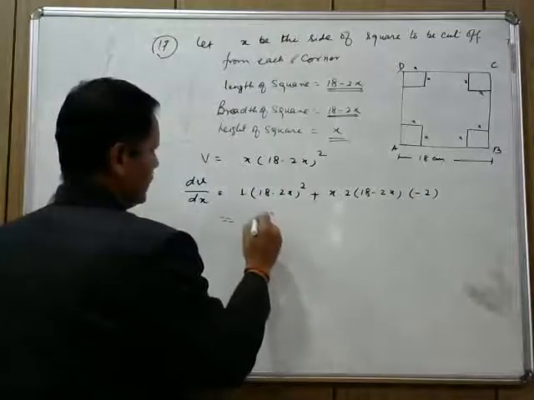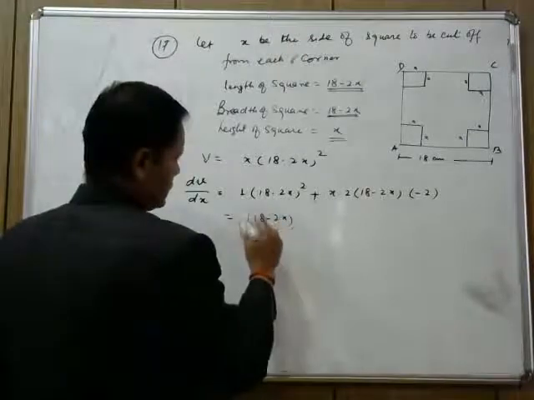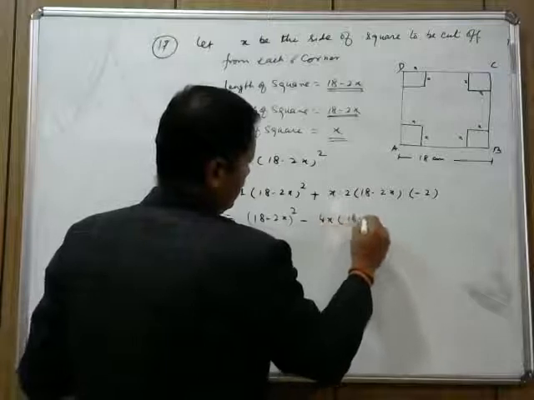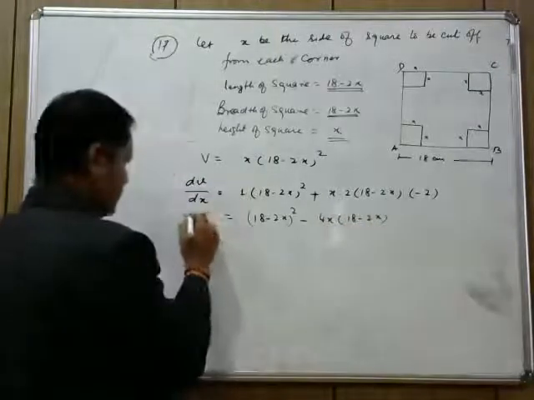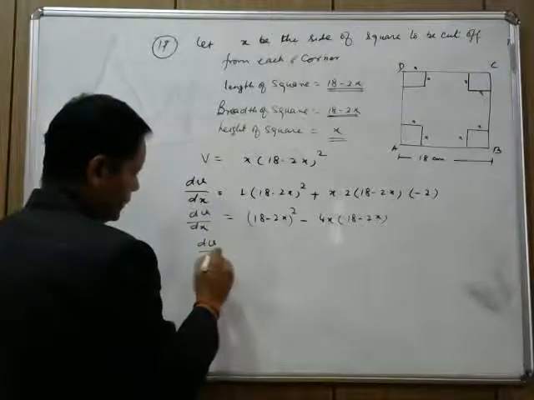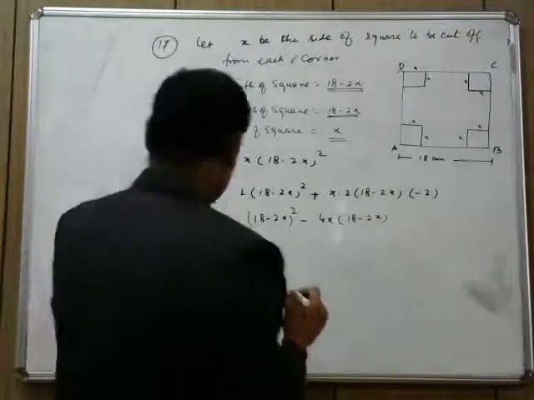Therefore this will be (18 minus 2x) whole square minus 4x into (18 minus 2x). For maxima or minima, we put dv by dx equal to 0.